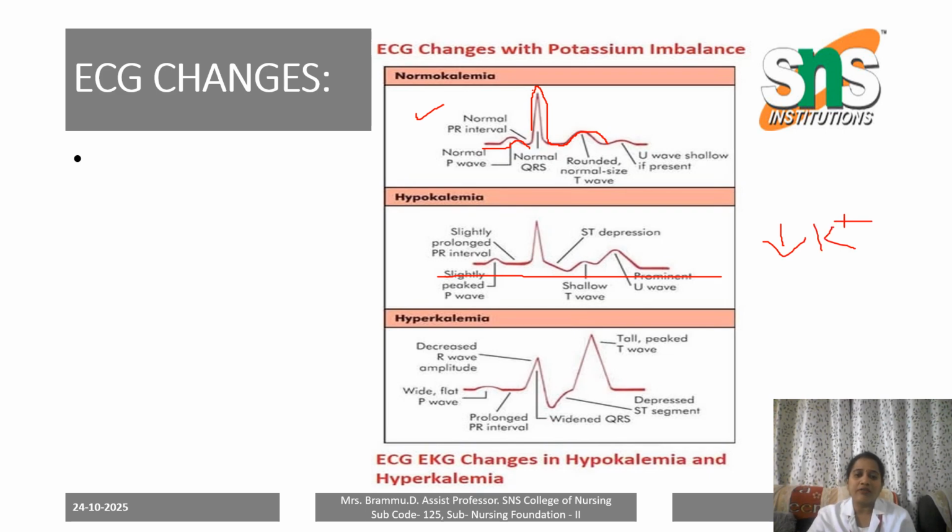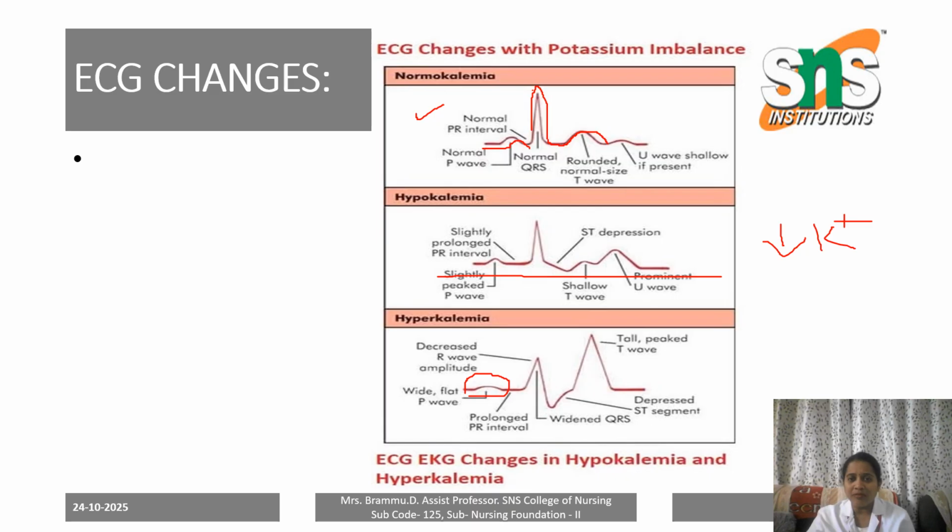On the other hand, you can see the lower ECG, which is stating that the patient is having hyperkalemia. So here it's just the opposite: in case of hypokalemia, the P wave is peaked, whereas in case of hyperkalemia, when the potassium is high, you can see there is a wide and flat P wave. Followed by that, you have the decreased amplitude of the R wave.